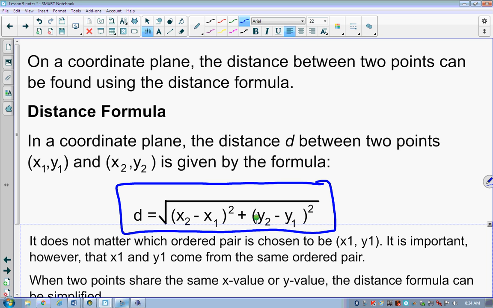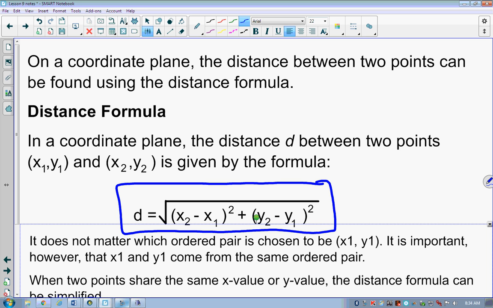Okay? Now, there is another way of solving questions that gets you the same answer, but today we're working with the distance formula. Now, the important thing to understand is that it does not matter which ordered pair. If you're looking for the distance between 2 coordinates, it doesn't matter which set of coordinates is x1 and y1 versus which set is x2 and y2.